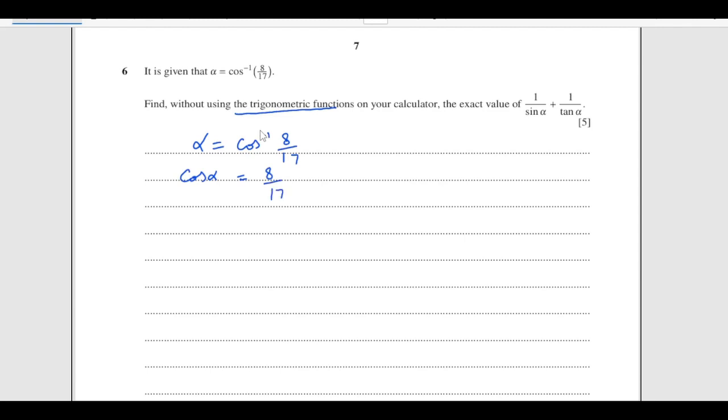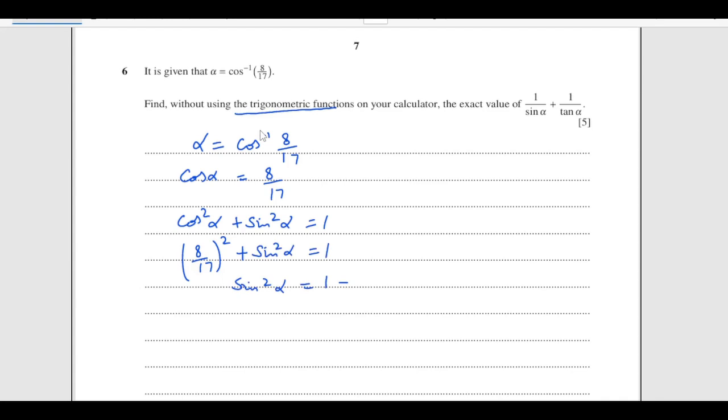We can use the formula cos squared alpha plus sine squared alpha is equal to 1.